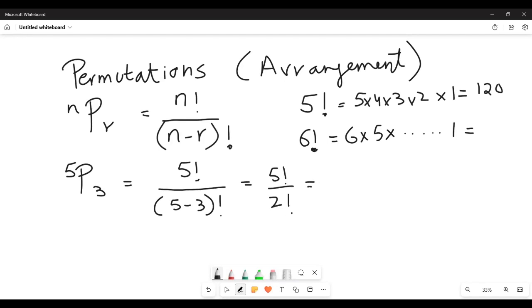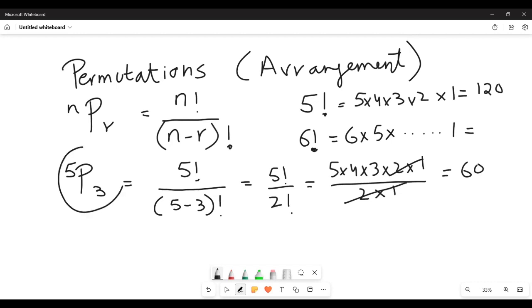Like nCr, which comes from combinations and has its own formula, we'll study it in a day or two. Right now we're studying permutations. So this becomes 5 times 4 times 3 times 2 times 1 upon 2 times 1, which is 60. Or you can directly enter it in the calculator: press 5, shift, the permutation key, and 3, that gives 60.